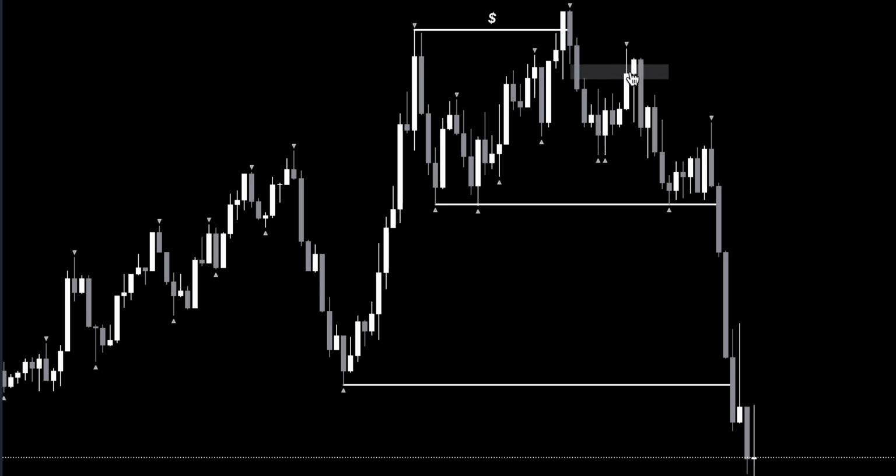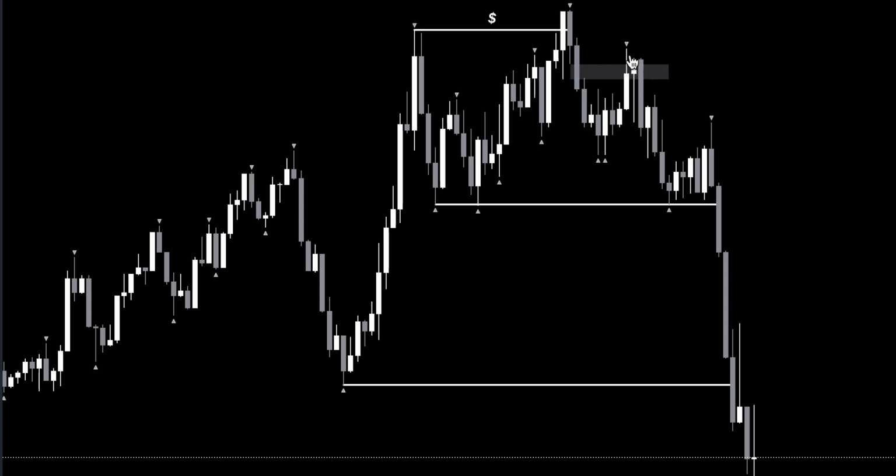It seems quite scary, but we can look for an entry off this fair value gap and look to rebalance off this area. That's exactly where the orders are placed from the institutional and algorithmic perspective, around rebalancing the fair value gap.